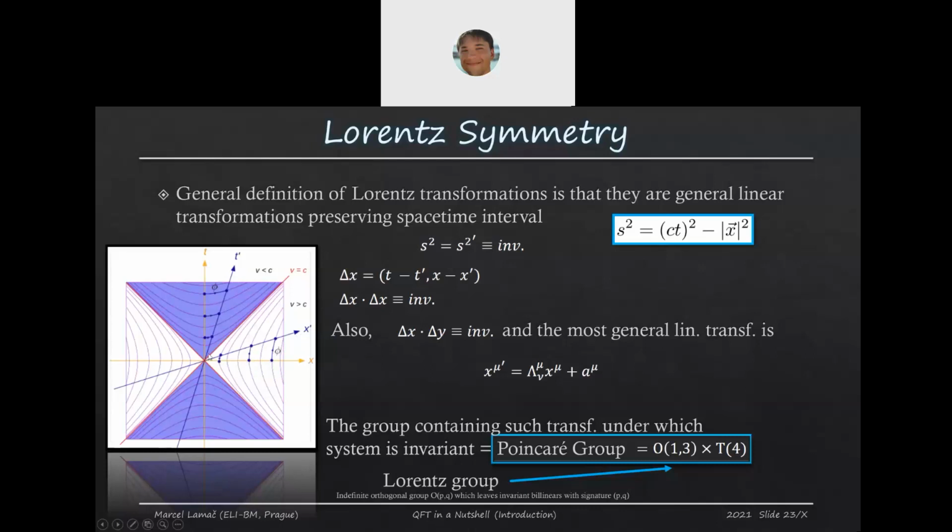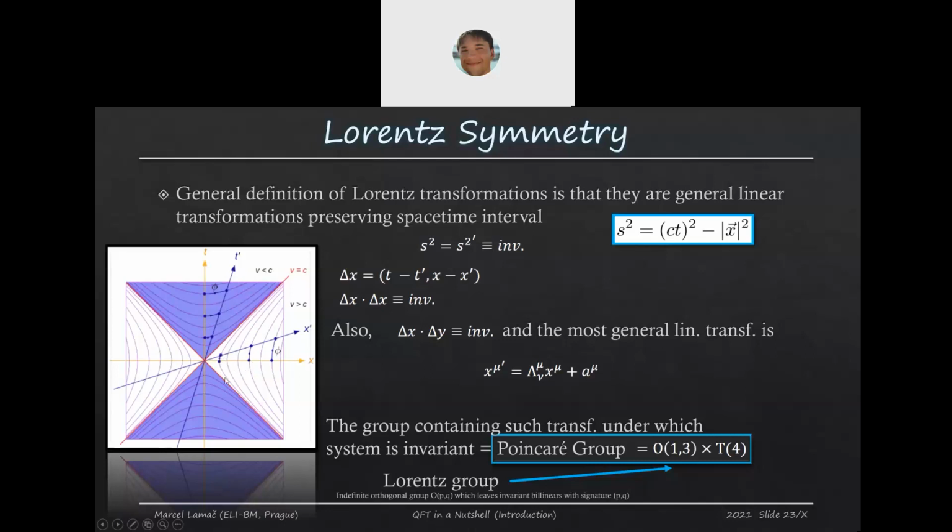If we have the old coordinate system, the space x and the time axis, then the red lines are the light cones, and if we do a transformation to some velocity smaller than the speed of light, then the new coordinate axes from the point of view of the old coordinate system look like this. They are somehow squeezed closer to the speed of light, and the invariant quantities are the squares of these segments, and in both coordinate systems they are the same.